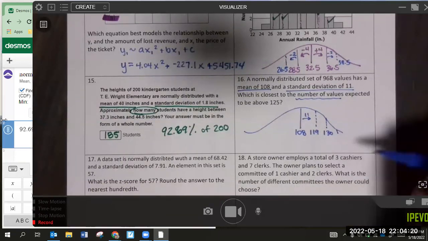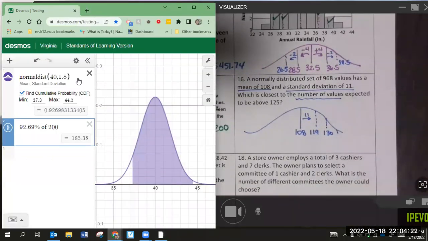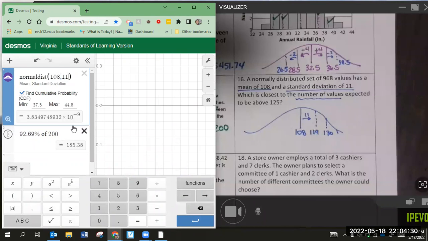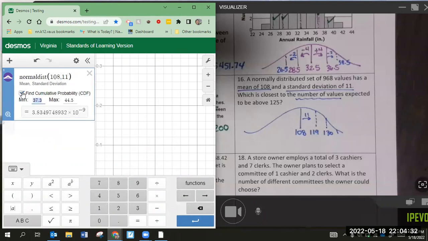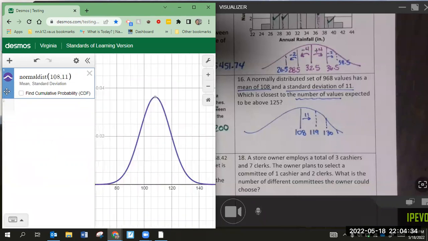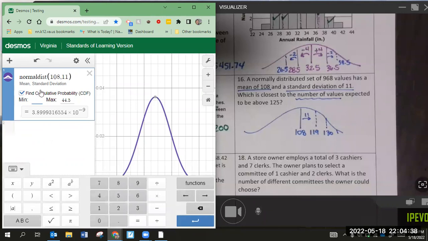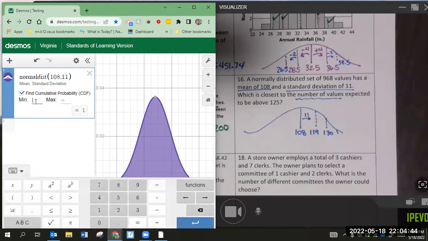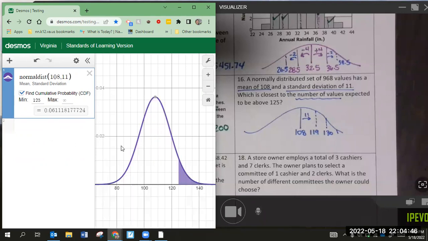So our best bet is to come here and ask Desmos. Our mean is 108. Our standard deviation is 11. And we're going to need to fix our zoom. We want to know the probability that things are above 125. To be above 125, we're making 125 our minimum.